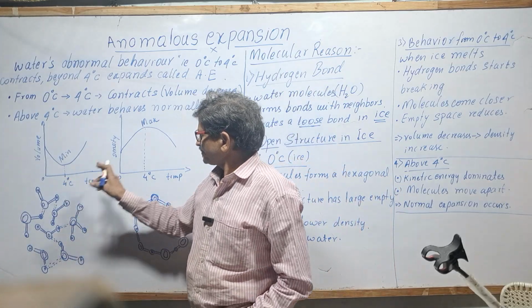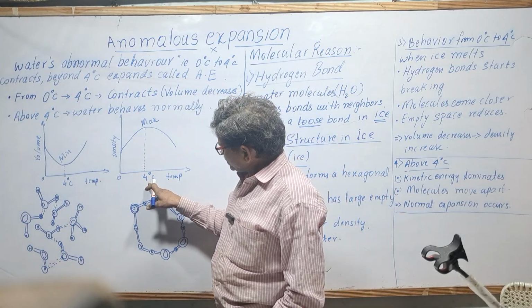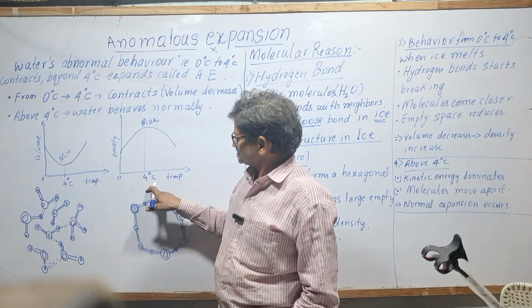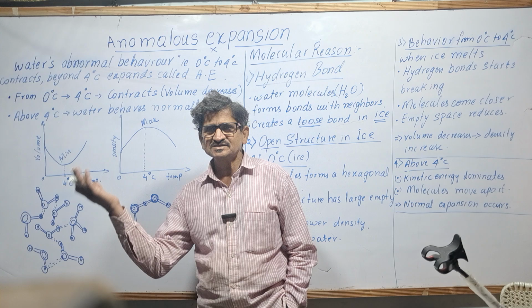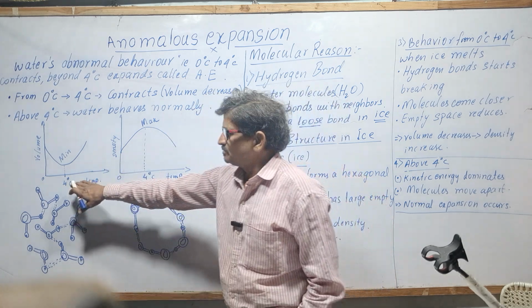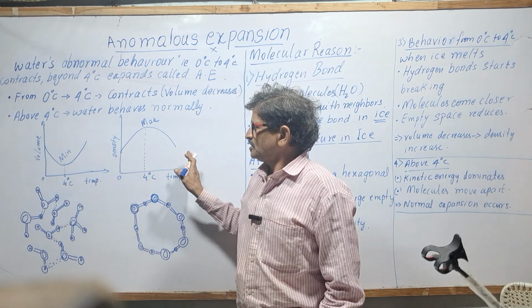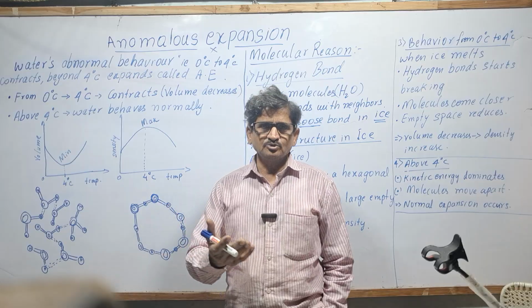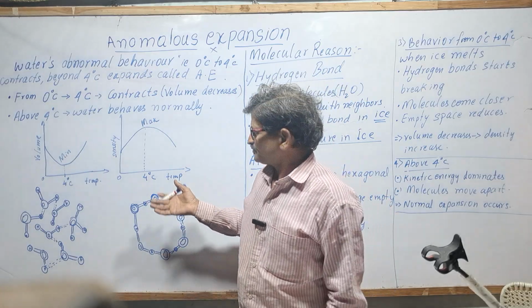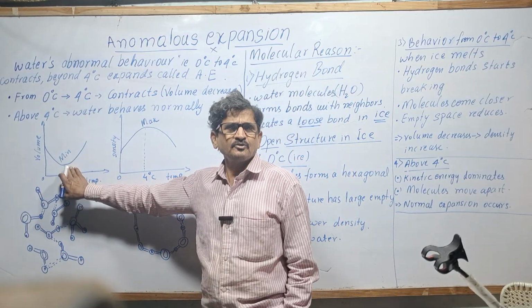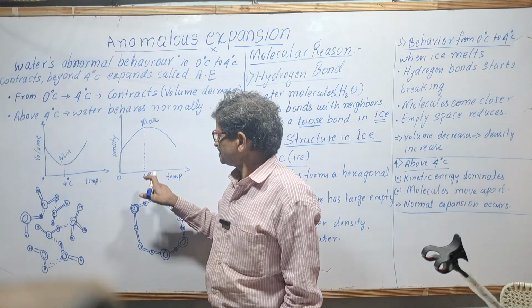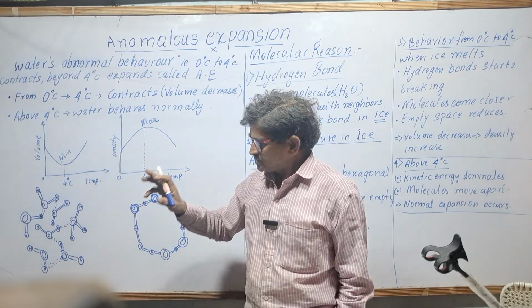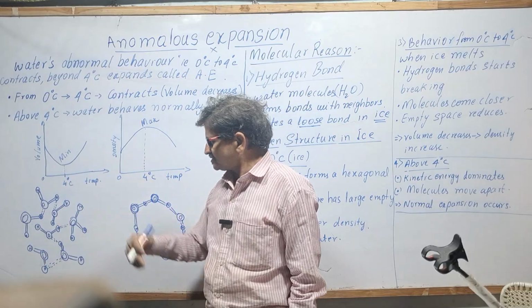At 4 degrees Celsius, its density will be maximum and volume will be minimum. Volume and density are inversely proportional to each other. So this point is minimum volume at 4 degrees Celsius, and this point is maximum density at 4 degrees Celsius. Why this happens, we can see here.